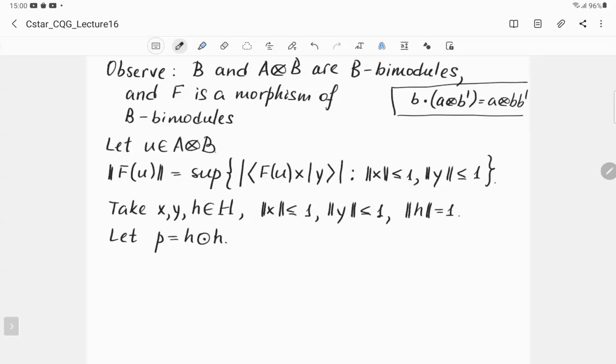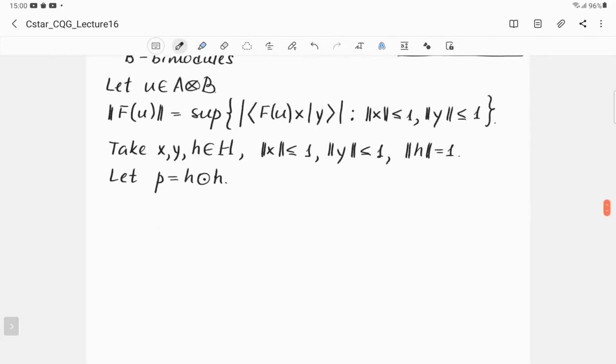This is the rank 1 orthogonal projection, which projects everything on the linear span of h. Now we look at this number, which appears in this formula, and we multiply this number by P. So we get the following operator. Clearly the norm of this operator is just the absolute value of this number, because the norm of P is 1.